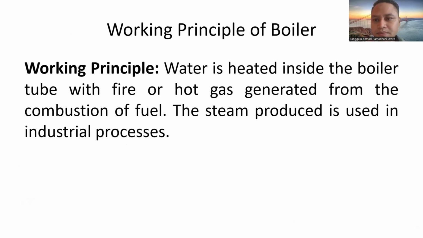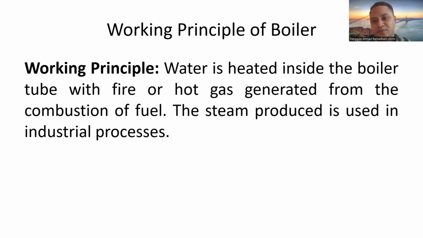How about the working principle of a boiler? First, water is heated inside the boiler tube with fire or hot gas generated from the combustion of fuel, and the steam produced is used in industrial processes.